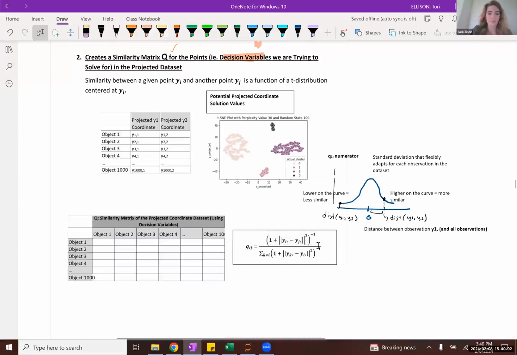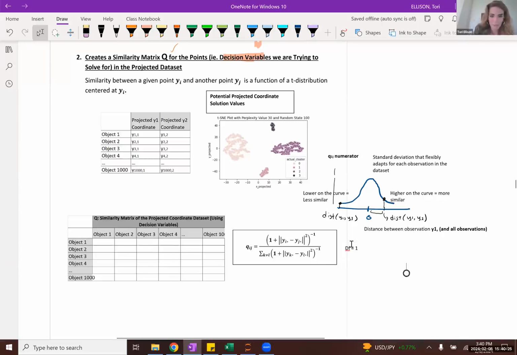What we are instead going to be using is a normalized version of a t-distribution PDF curve. Remember that in the t-distribution there's no standard deviation parameter that we can adapt. The spread of the t-distribution is simply dictated by the degrees of freedom.